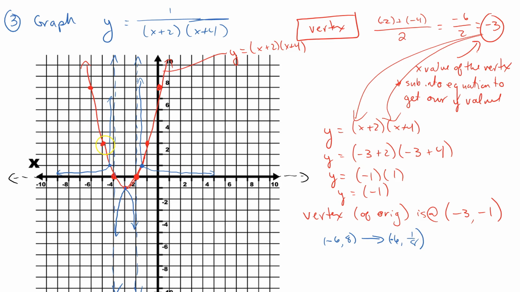Just as we can say negative 5, 3 can turn into negative 5, 1 over 3. Okay, and we can do it point by point like that, knowing that we have vertical asymptotes when we have x-intercepts. However, if you just find the reciprocal of that vertex and understand the general shape, and know where y equals positive 1 and y equals negative 1, and then graph from the bounds of the asymptotes, that's a much quicker way than going point by point.